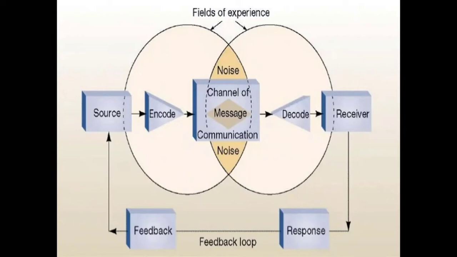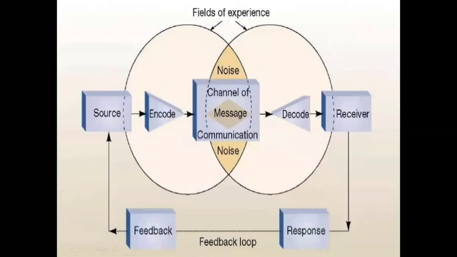Field of experience: there are 2 big circles. The communication process starts in these 2 big circles. In the first circle, the source, the sender, starts the message and encodes it.